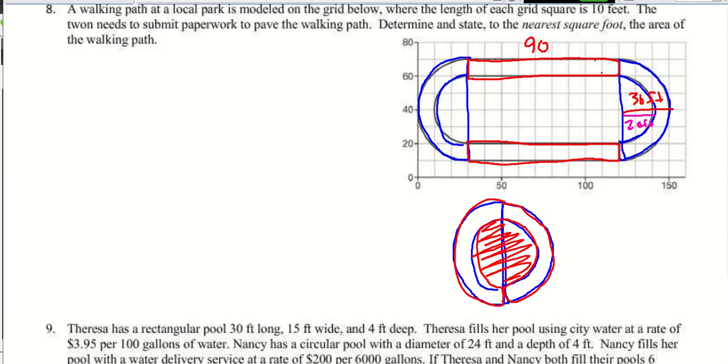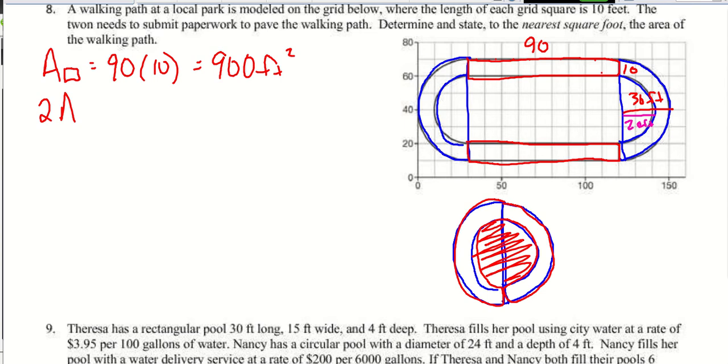So this is a length of 90 by 10. And there's two of them. So the area of my rectangle is base times height. So 90 times 10, which is equal to 900 feet squared. So 2 times the area of my rectangle would be 1,800 feet squared. And that's the area in those two rectangles.